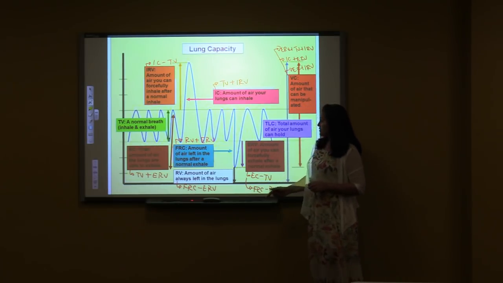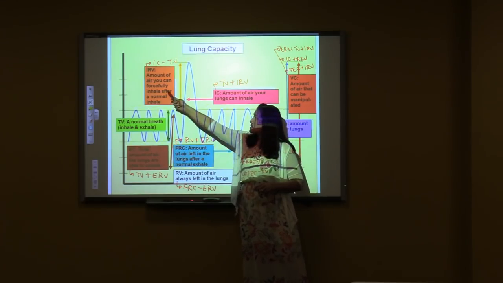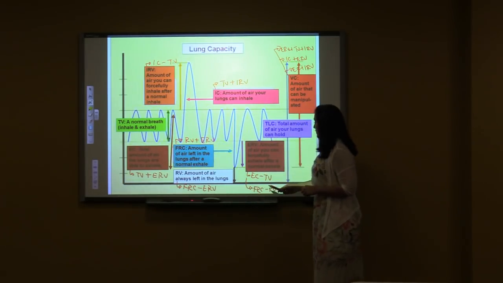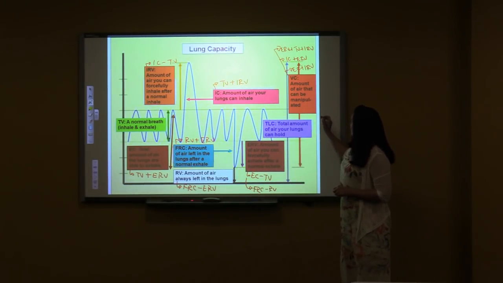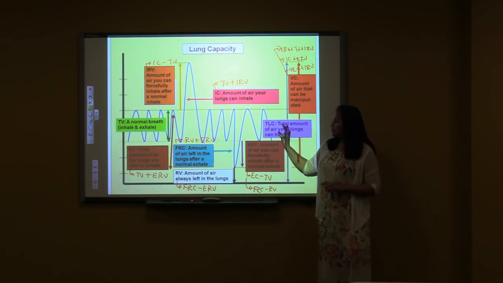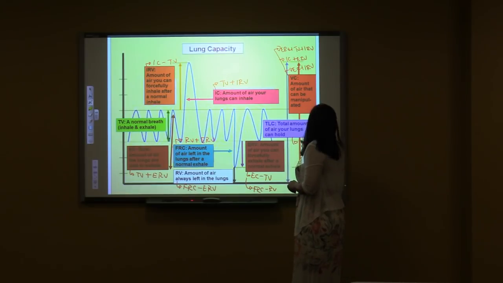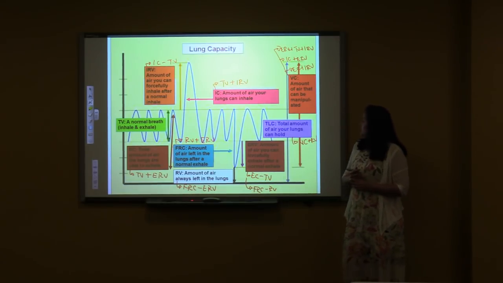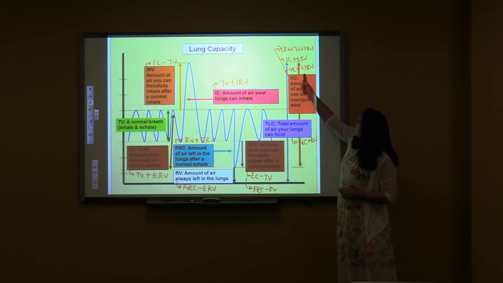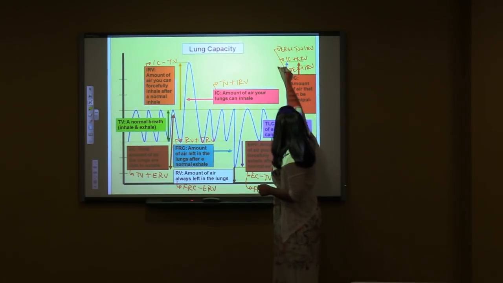Or it can be calculated with EC plus IRV. Now, how do you calculate TLC? VC plus RV. Oh, there's one more way that you can also calculate this one.